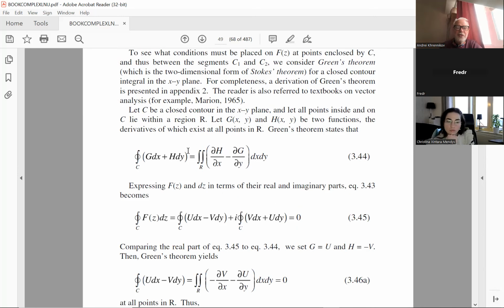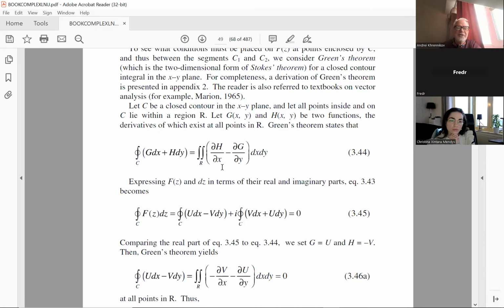If we integrate over the curve this function, called a differential form, where x is a function of t and y is a function of t, we put these functions into g and h, write dt, write the derivatives of the parameterization, and write this integral. It is the same as the usual integral dx dy over this area of this form, with a minus and such derivatives.